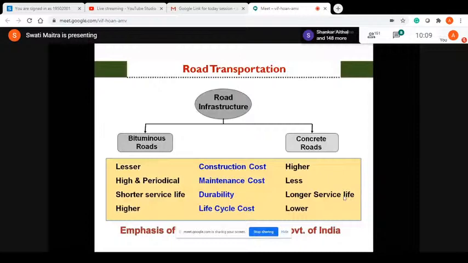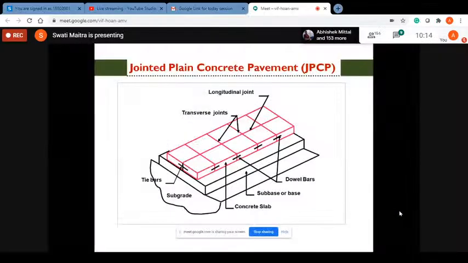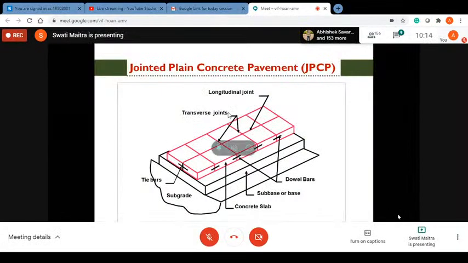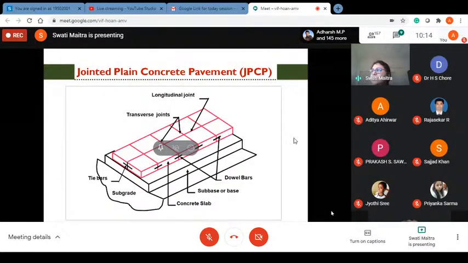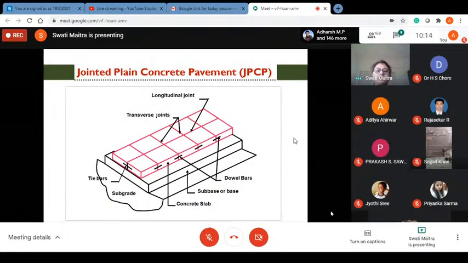Along the transverse joint, we have dowel bars. They are mild steel rods, placed at specified spacing along the transverse joint. And along the longitudinal joint, we have tie bars, mainly to hold the two panels in position.